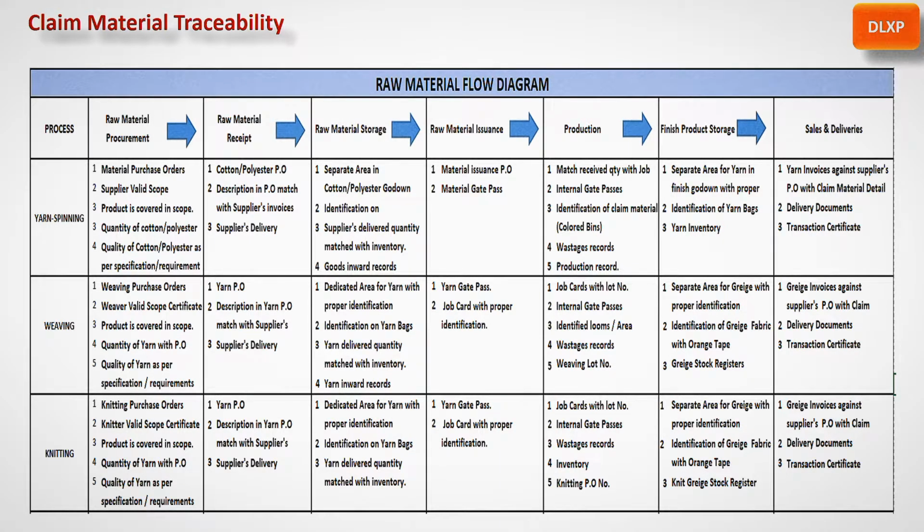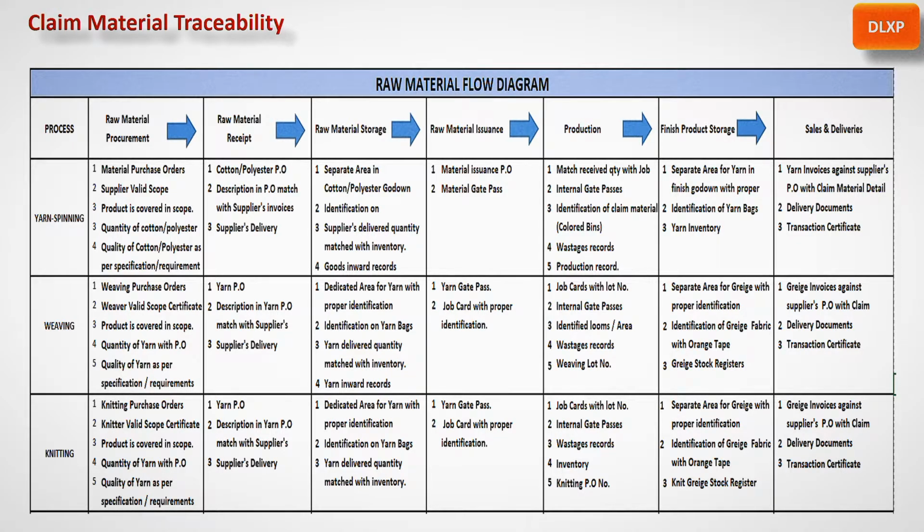The finished product storage. In terms of spinning, when we complete all processes and we have yarn, this yarn should be moved forward to the finished warehouse, where a dedicated area is mentioned and a dedicated lot number is also mentioned on the yarn bags, which can be easily traceable throughout the process.